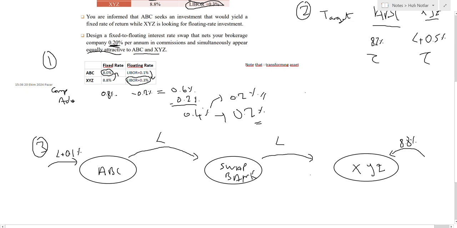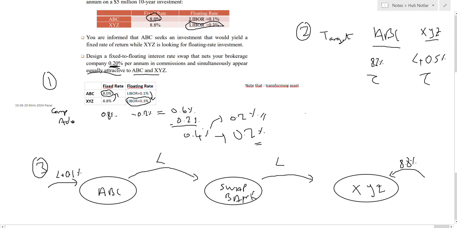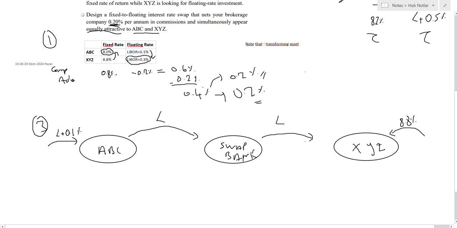So at the end of the day, our target says that for the XYZ company, LIBOR plus 0.5%. Currently we have for the XYZ LIBOR plus 8.8%. So how can we create LIBOR plus 0.5? Then we should take 8.3% from XYZ.